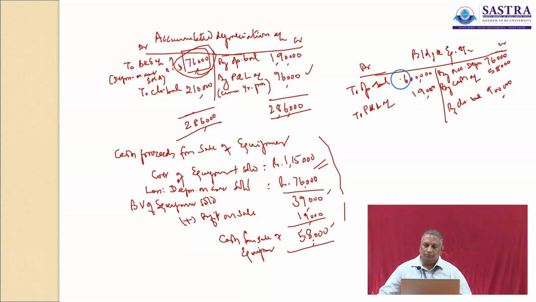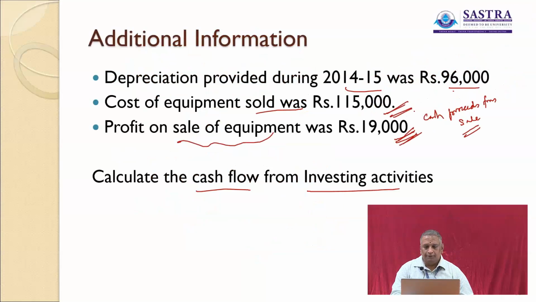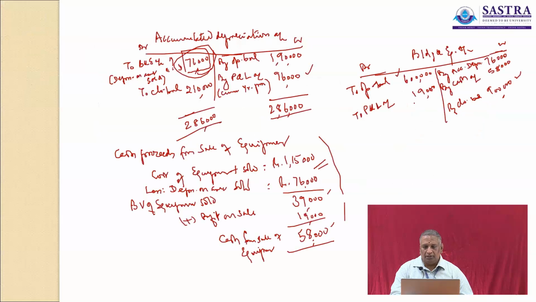See, actually, we have taken the opening balance of building and equipment and the closing balance of building and equipment. So all the information with regard to current year depreciation is given effect, cost of equipment also considered, and profit on sale of equipment also shown on the debit side.